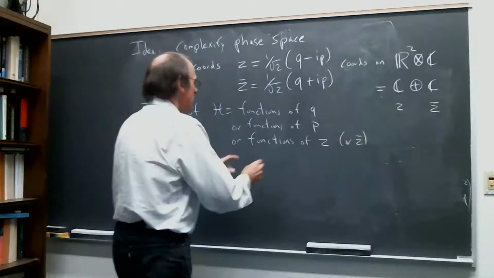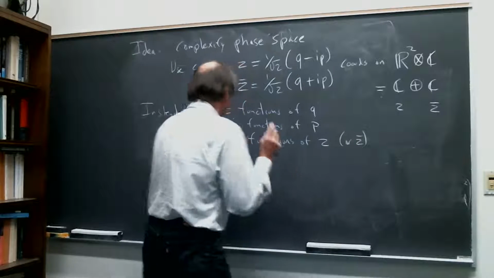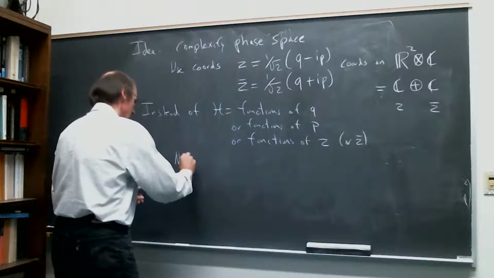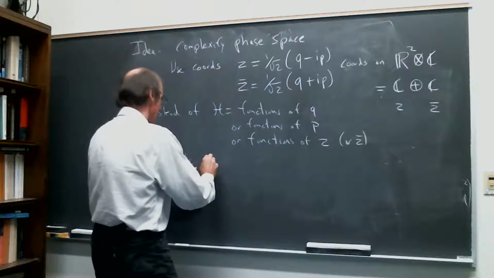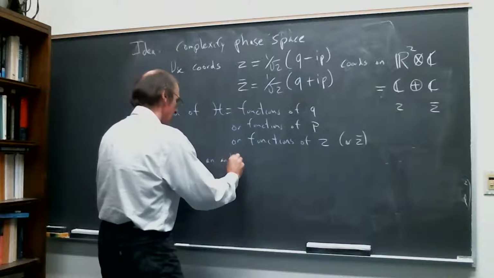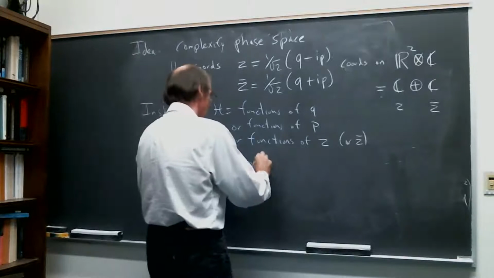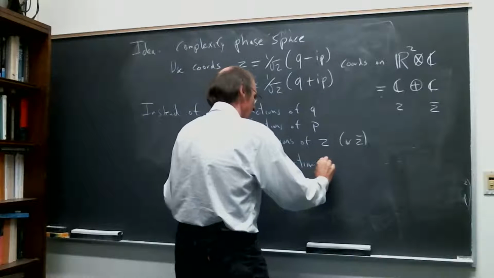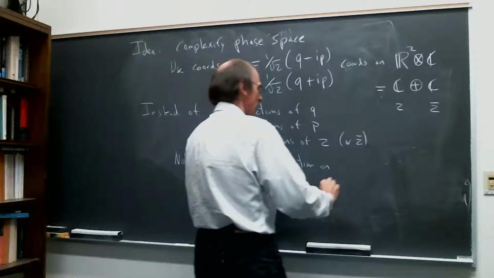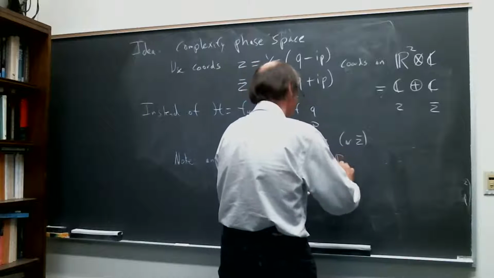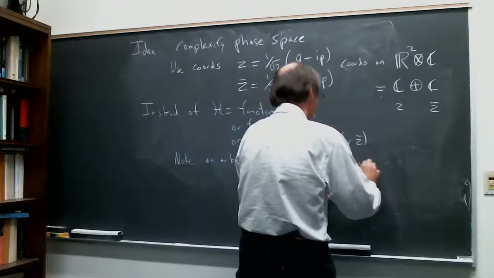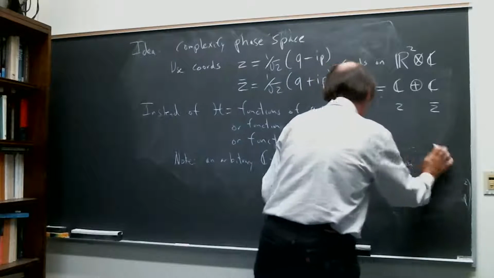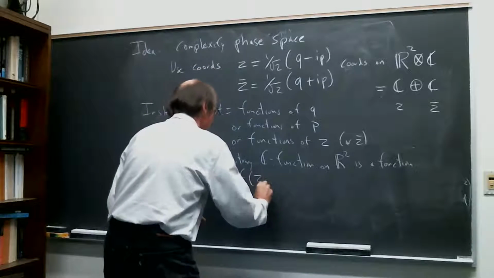So what does it mean to be a function of Z? Well, the tricky thing to notice is that an arbitrary C function on R2 is a function, let's call it f of z and z bar.